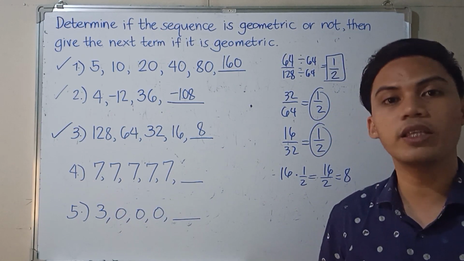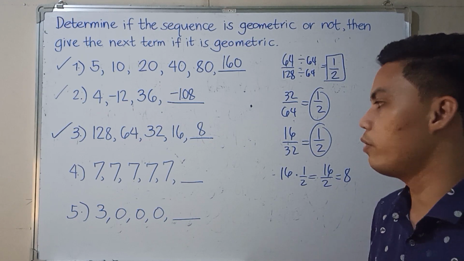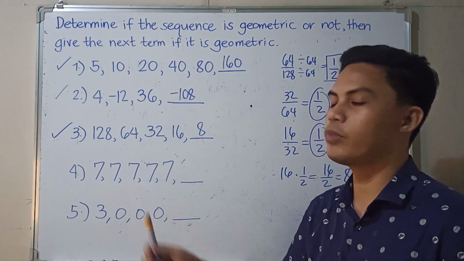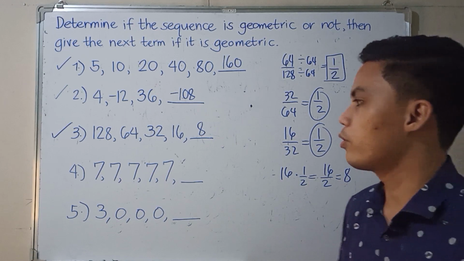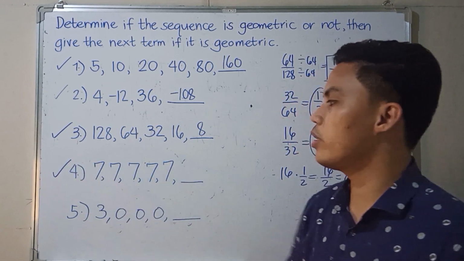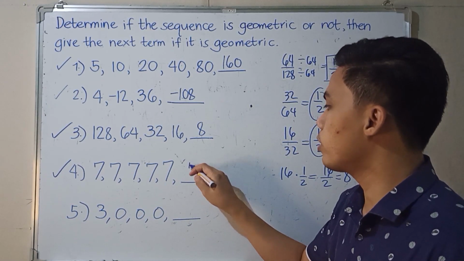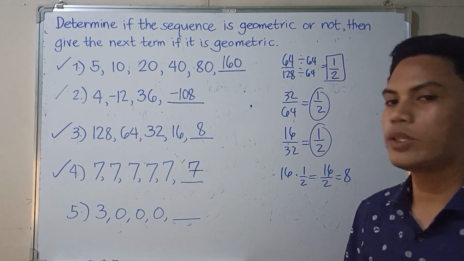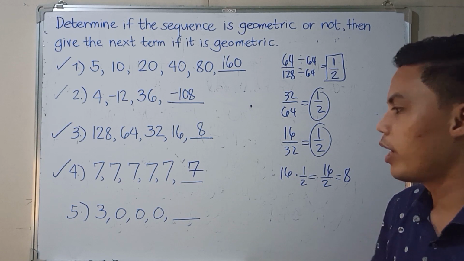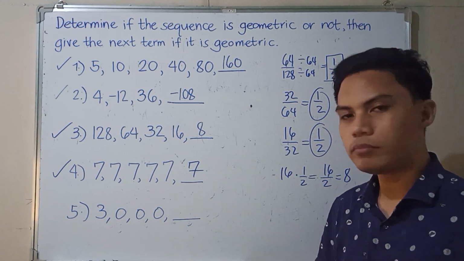Okay, obviously that is equal to 1. Okay, therefore, ang common ratio natin sa number 4 is 1. So, number 4 is a geometric sequence at yung next term niya, the next na missing term, is still equal to 7.